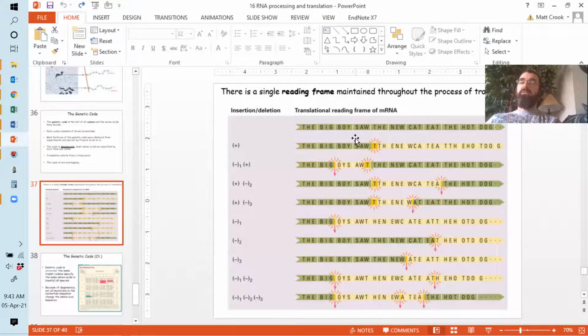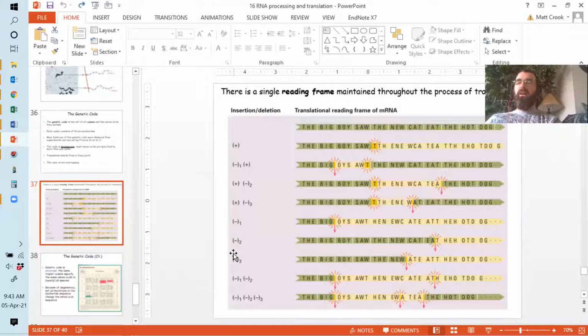And so typically the result that comes from an insertion or deletion is a truncated protein, where you have your original protein sequence, a stretch of gibberish, and then a stop codon. And so these almost always, like 99.99999% of the time, generate a non-functional protein.